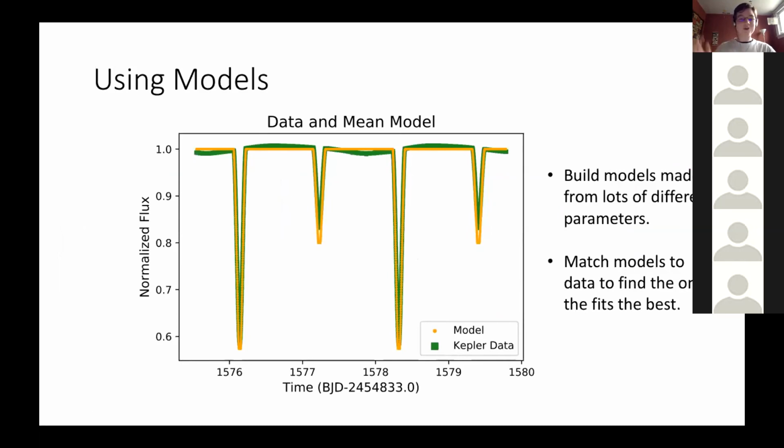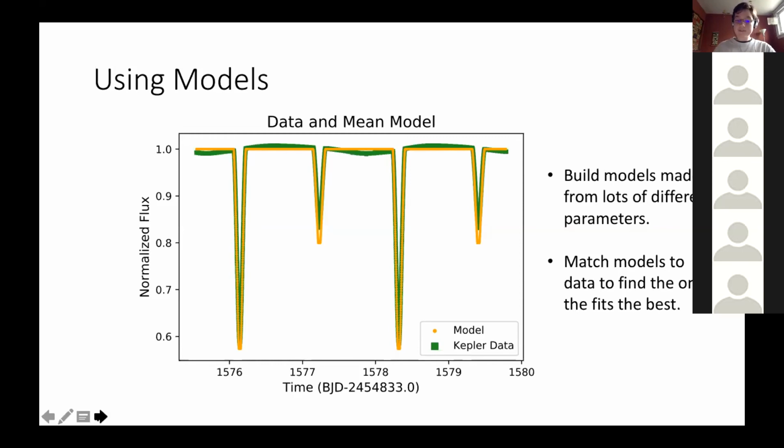We try out all different parameters and we compare the model to the data over and over again, and we find the one that fits the best. This is how we measure the parameters of the system, because when our model fits the data really well, we know that those are the parameters that are making the real light curve look how it looks.